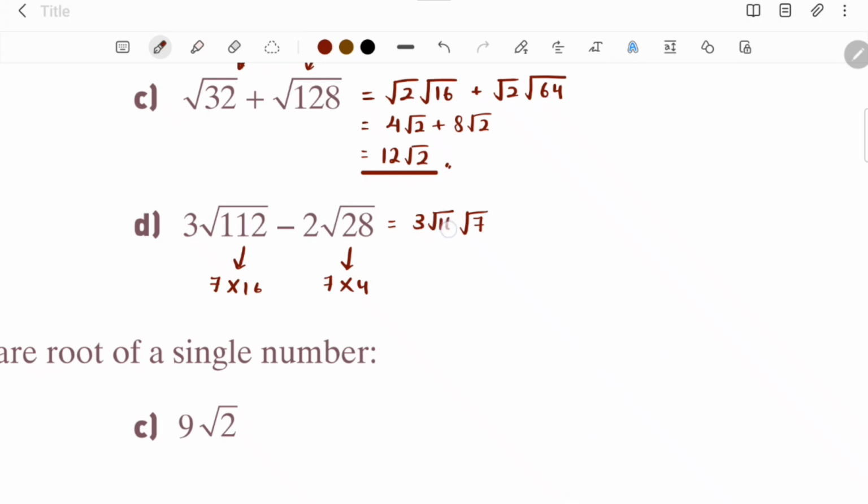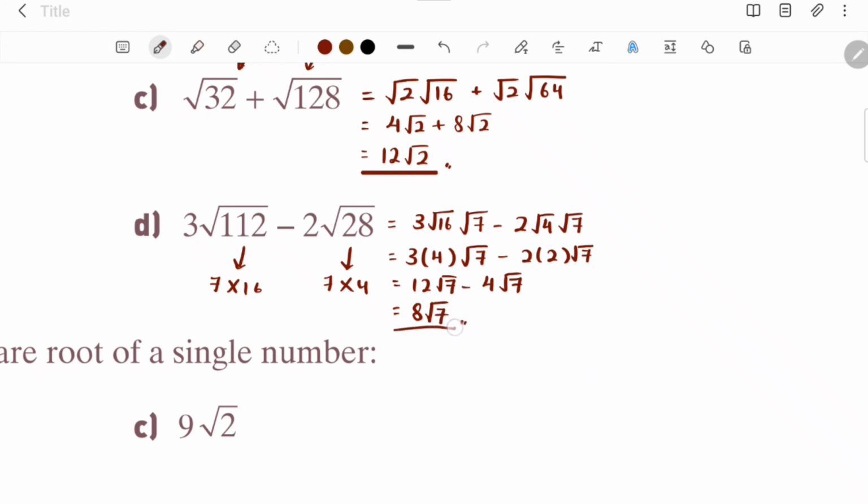So surd 16 surd 7 minus 2 multiplied with surd 4 surd 7. Okay, surd 16 or you can say square root of 16 is actually 4. So 3 multiplied with 4 multiplied with square root of 7 minus 2, this one should be 2 also, and then square root of 7. 3 times 4, 12 surd 7 minus 4 surd 7. Final answer you should get 8 surd 7 as your final answer.